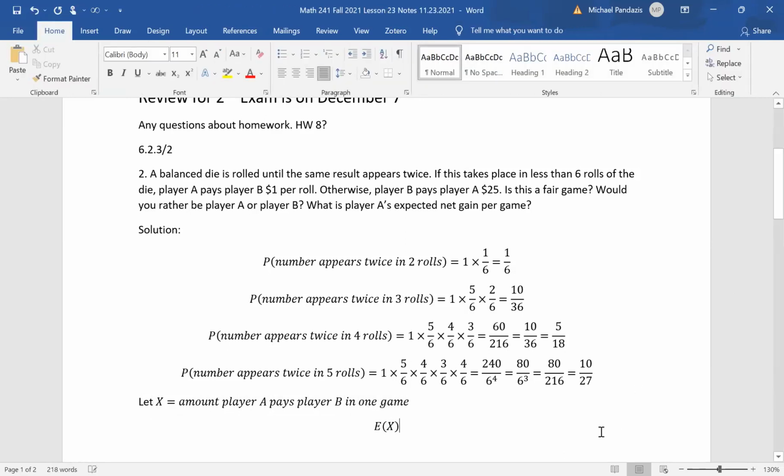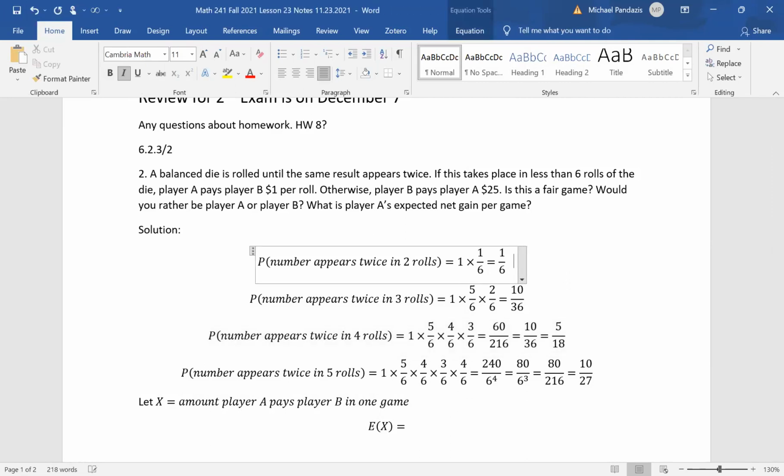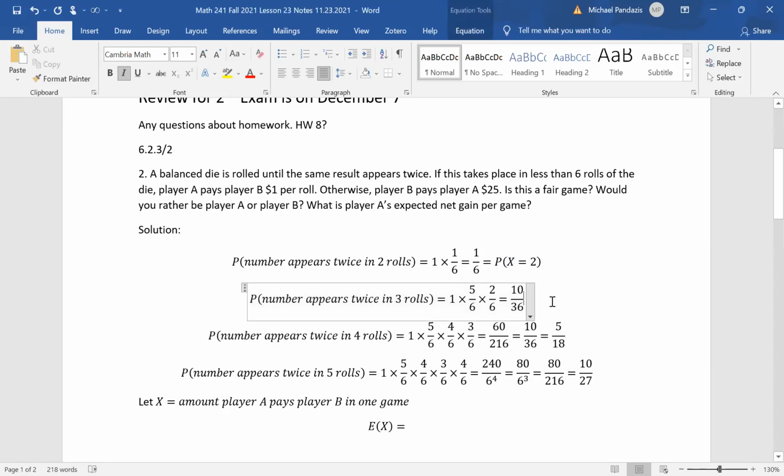E of X is going to be the sum of all possible values of X times f of X. So what are all the possible values of X? If a number appears twice, A pays B. That would be the probability that X equals 2: the probability that player A pays player B $2, one for each of the two rolls.